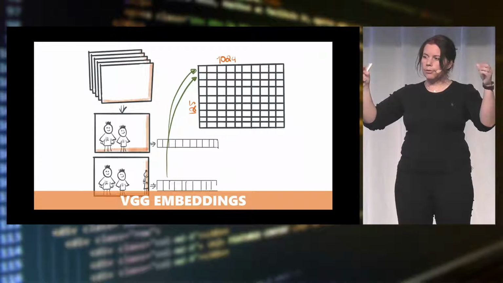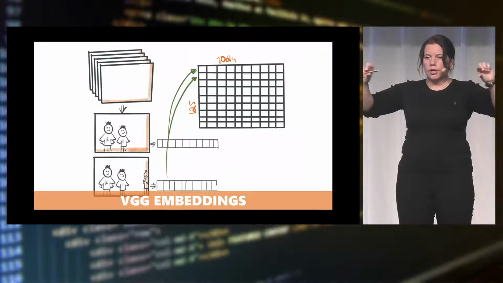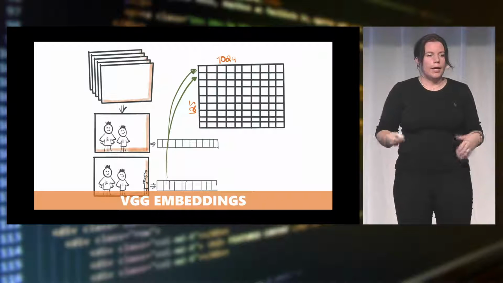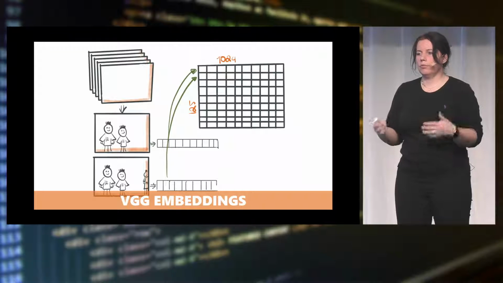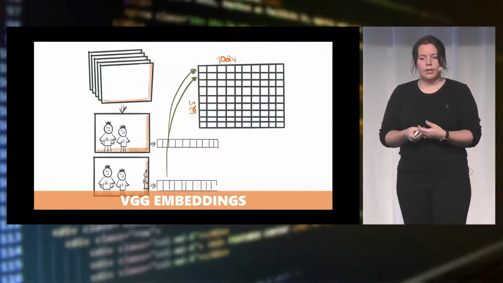So the embedding is now like a 512, 1024 or 2000 list of numbers in a coordinate system that represents that image a little bit better, a little bit more semantically. And we put them together like this, sort of like in a matrix, and then we get these kind of images as output.